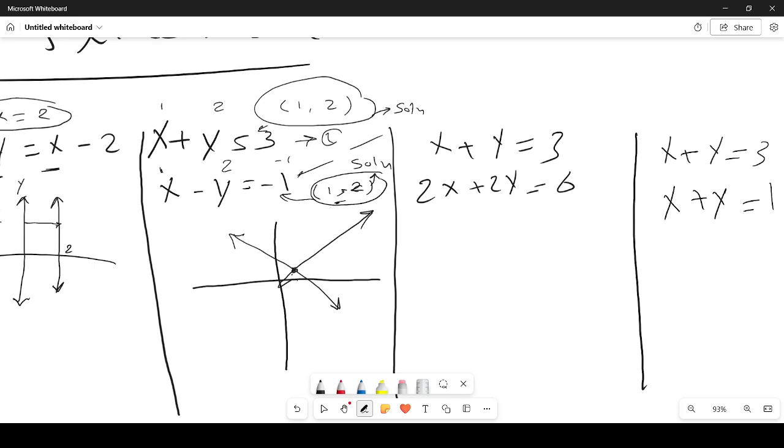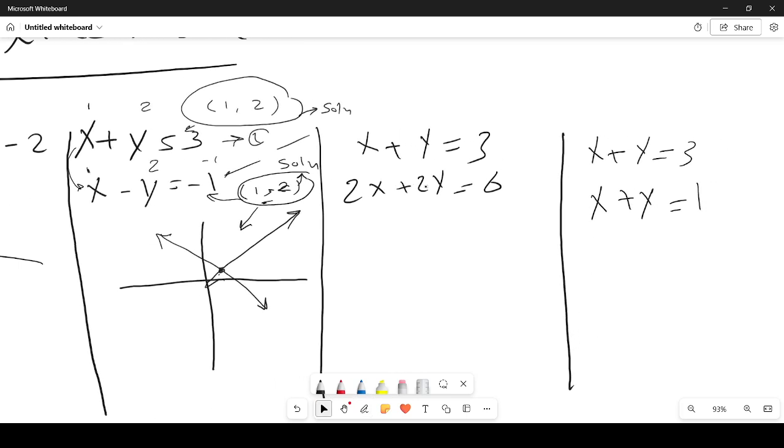Well, we can say this point is the solution of these two equations, or the system of equations. Okay, so there's only one point that satisfies these equations, right?